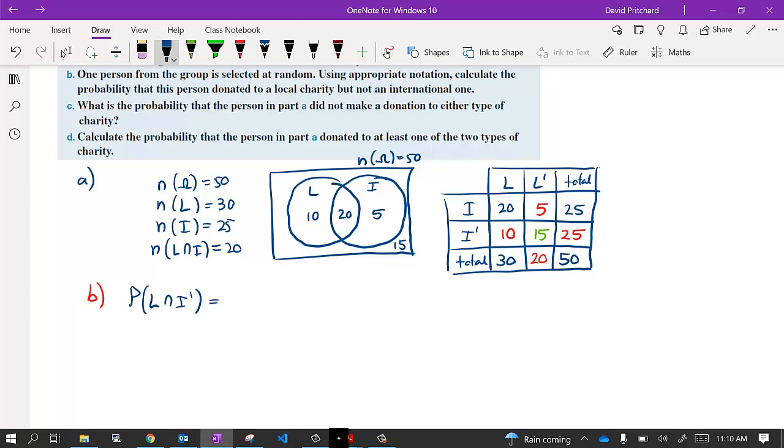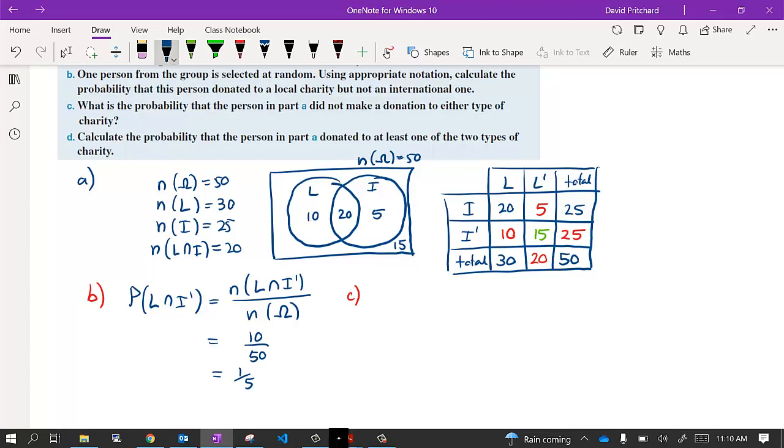If we're looking for a probability, we need the number of local and not international over the number of the total sample space, or the number of the universal set. Our local and not international is 10, and you can see that in both. So that's 10 over our total sample space, which is 50, so our probability is 1 on 5. Okay, so it's nice and easy if we step our way through.